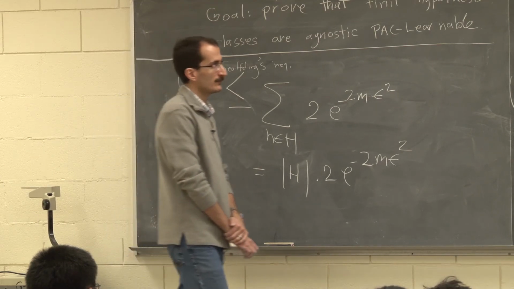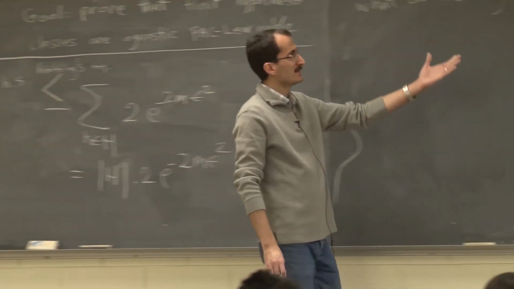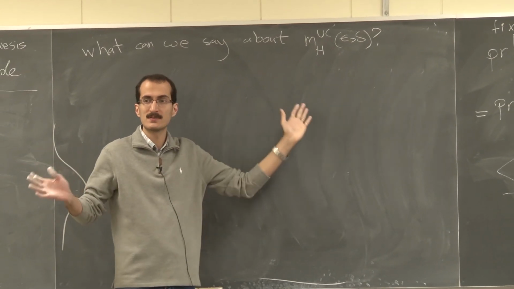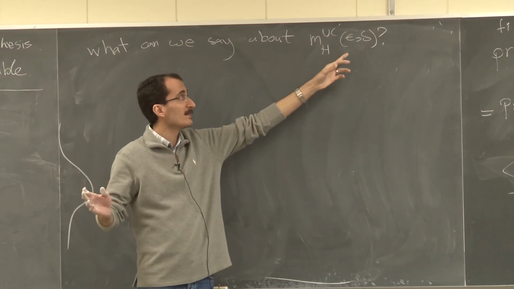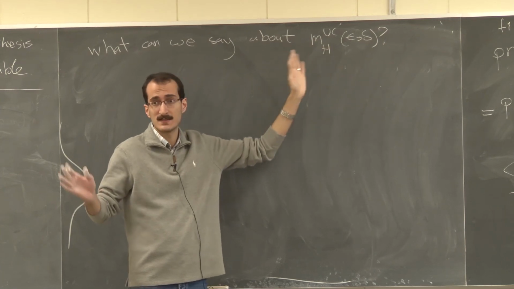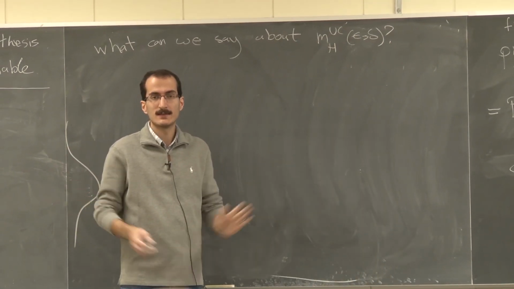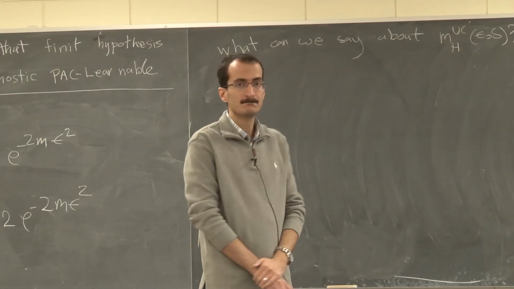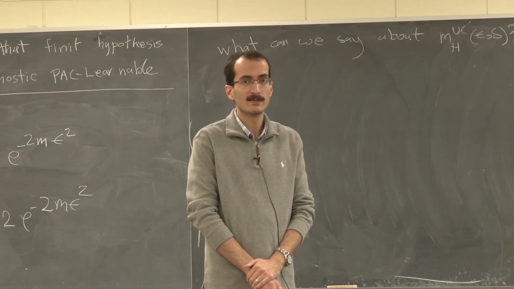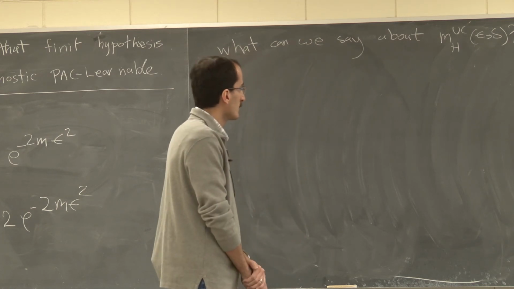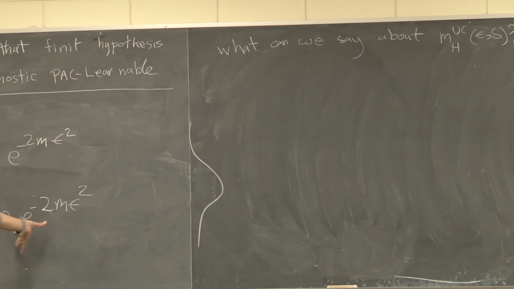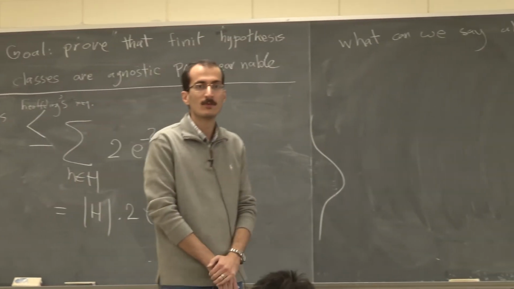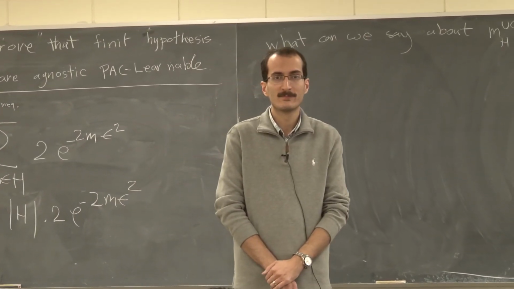Okay, so what is the definition of sample complexity? It means how many samples I need to make sure that with probability at least 1 minus delta, the error is less than epsilon. So m_H of epsilon, delta, is what? How can I write it in terms of epsilon and delta? Take the log of this, shift things to the other side.